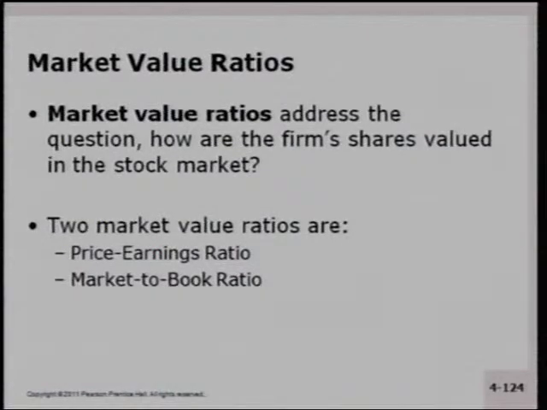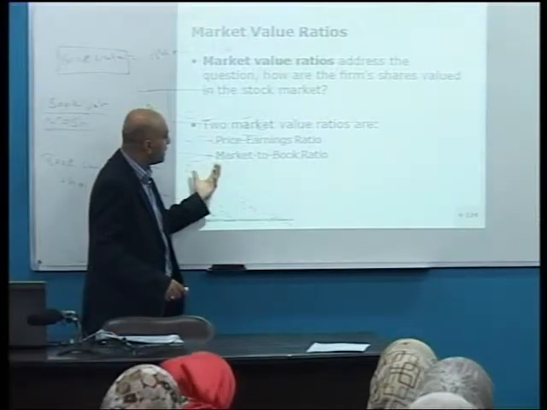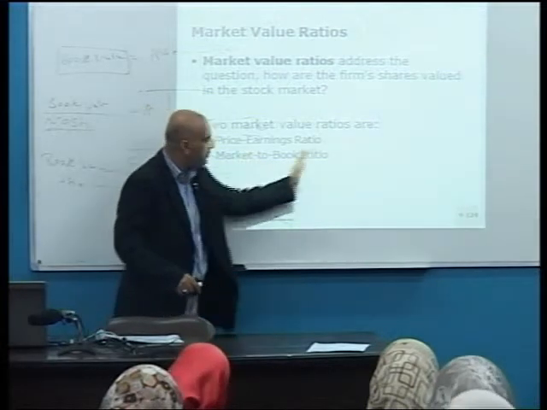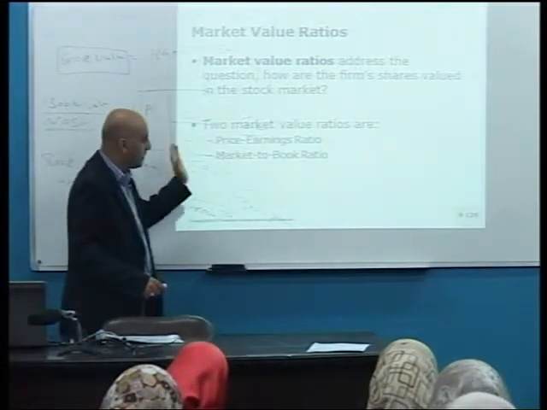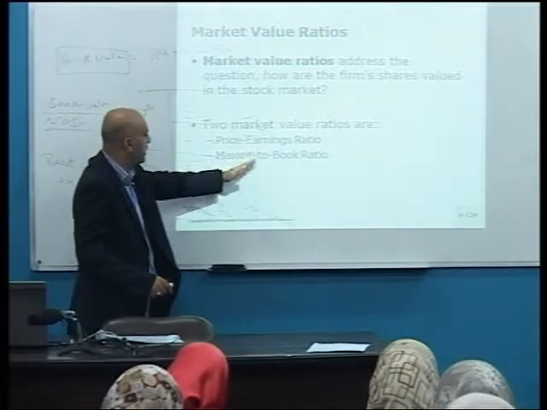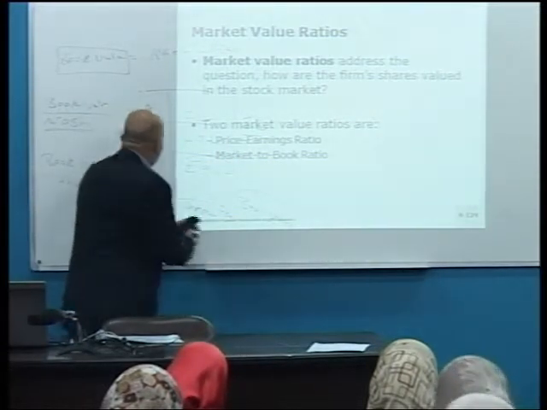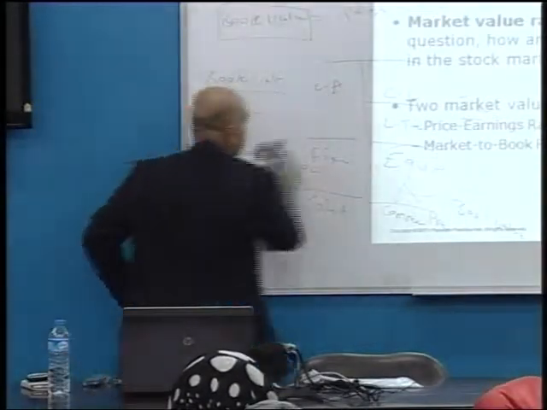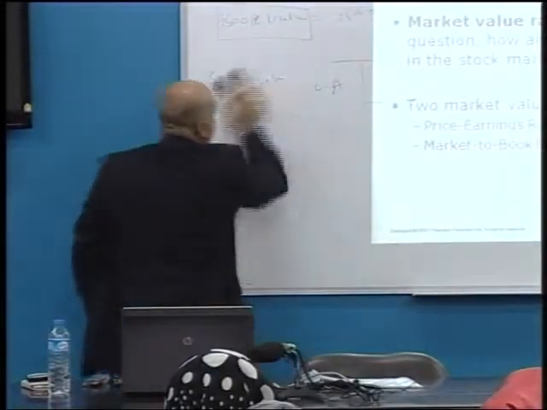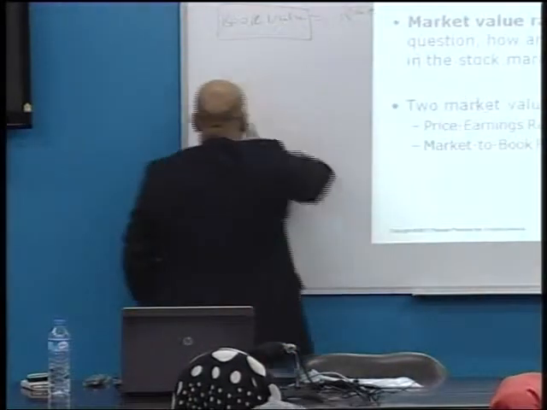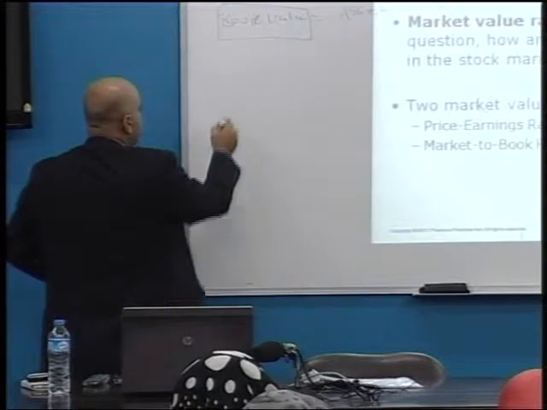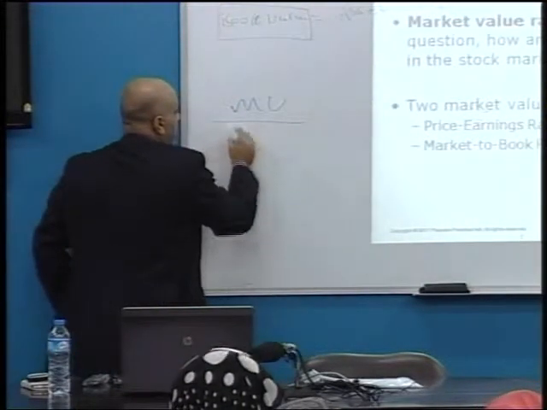Now, we want to make the relationship between the market value and the book value. We talked about the book value and the market value, so let's put them together. The market to book value ratio is the market value divided by the book value.